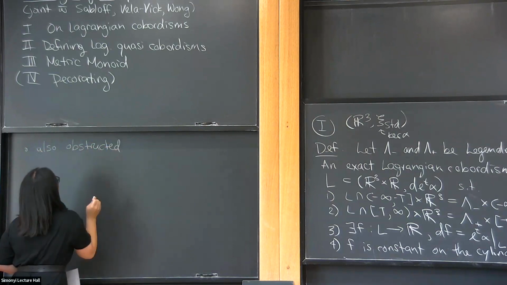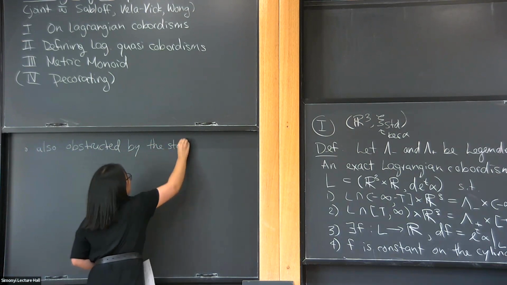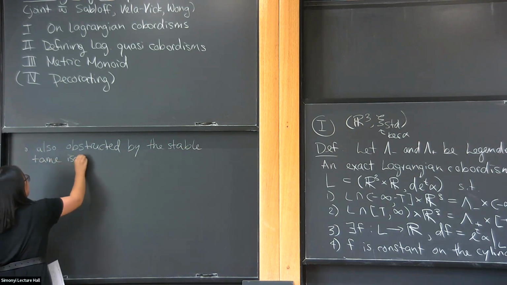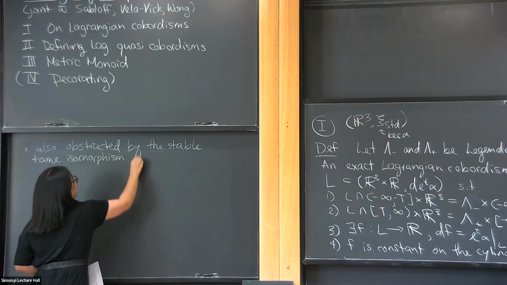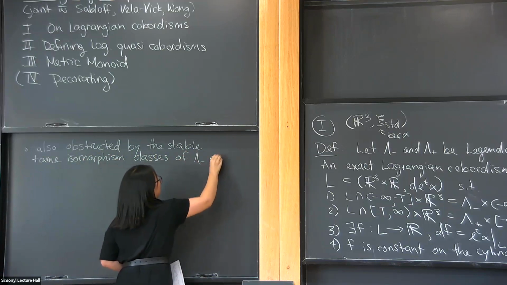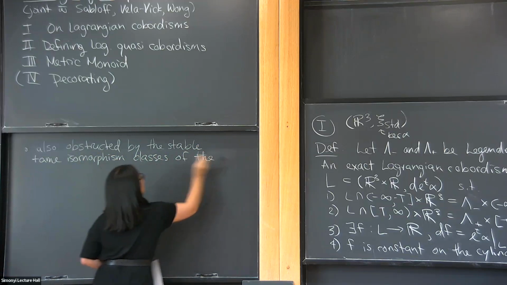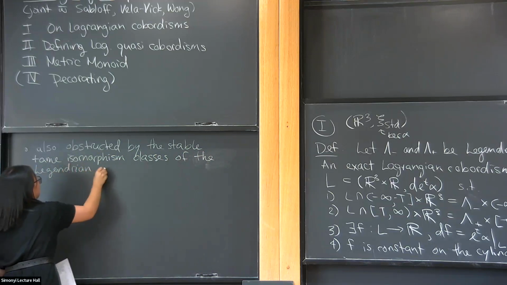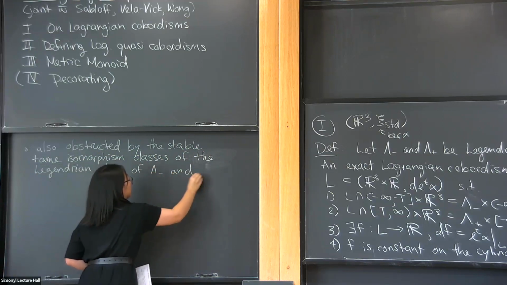In particular, they're also obstructed by the stable tame isomorphism class of the Legendrian DGA of lambda minus and lambda plus.